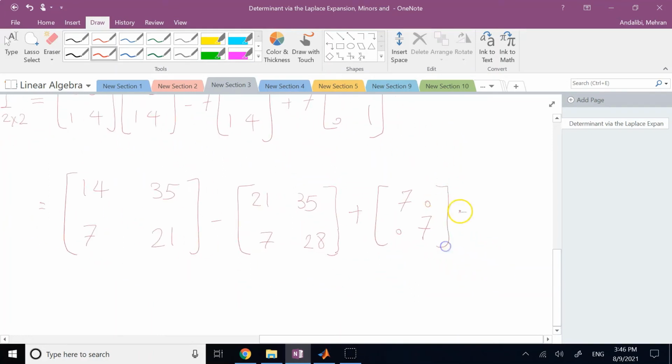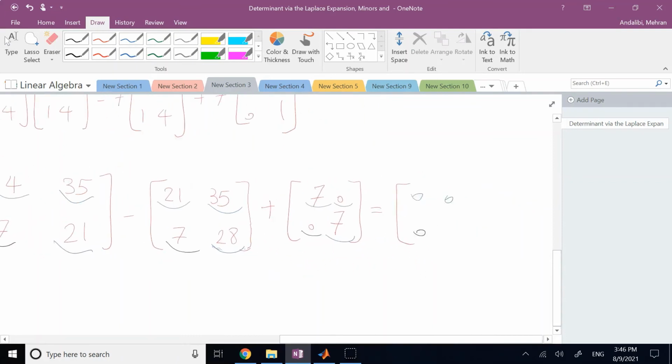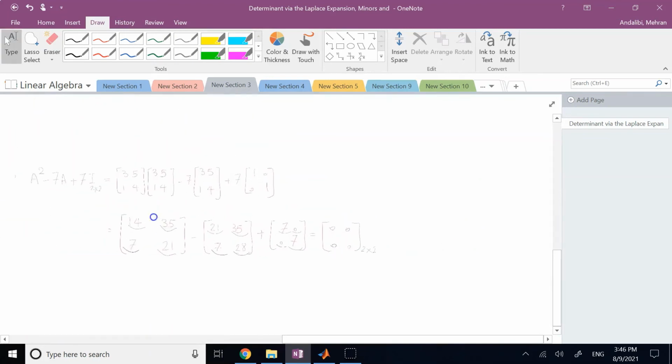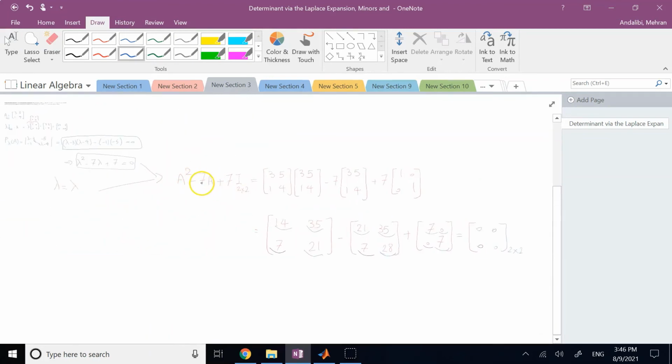And now what do we get when you add them together? So you will get 14 minus 21 plus 7, clearly 0. You get 35 minus 35 plus 0, again you get 0. You get 7 minus 7 plus 0 is 0. And you will get 21 minus 28 and then plus 7, which again is what? 0. You see? So when I plug matrix A into its own characteristic polynomial, the result is a 0 matrix of the same size as A is.